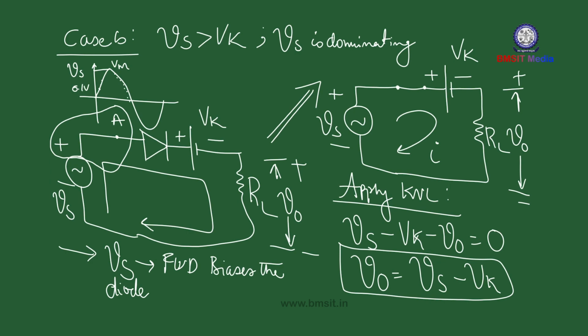So the output voltage is limited by this Vk factor. So this is your equation for output voltage. Right. So during positive half cycle, and during negative half cycle, you can swap the polarity of the source, upper side negative, lower side positive.